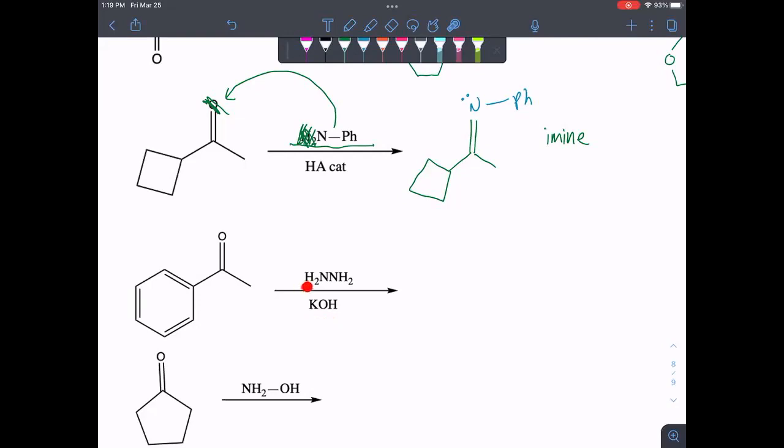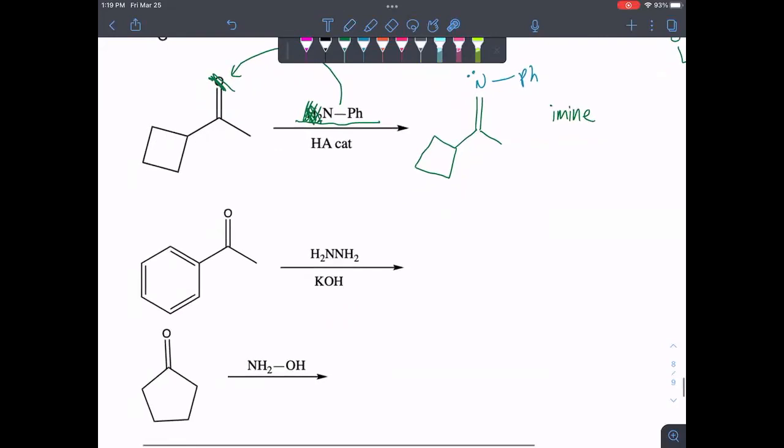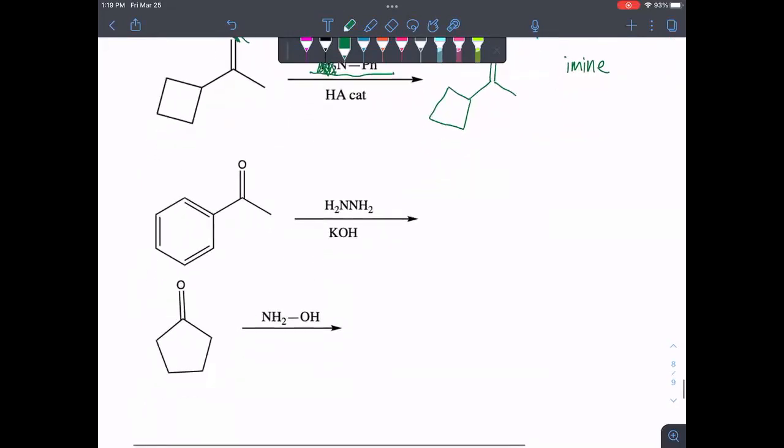So when you have a hydrazine and KOH, and I think water probably, and heat, that is a Wolff-Kishner reduction. In that reduction, all you need is a ketone and these reagents, and then you just cut off the ketone and it becomes a CH2. So the final product of this, we're just getting rid of this whole thing.